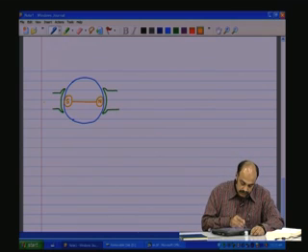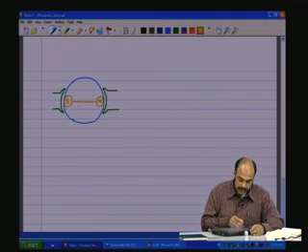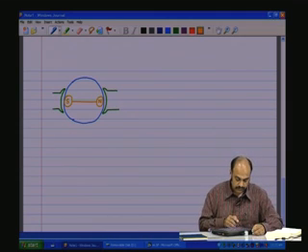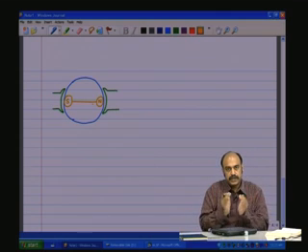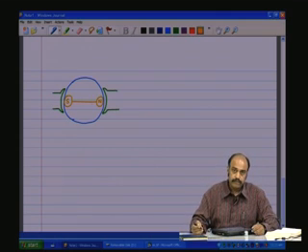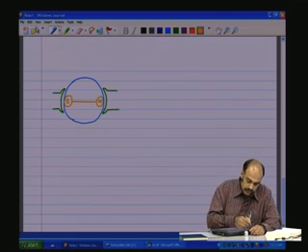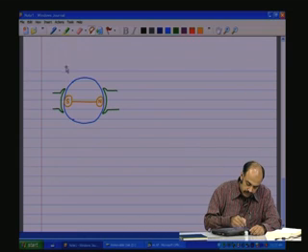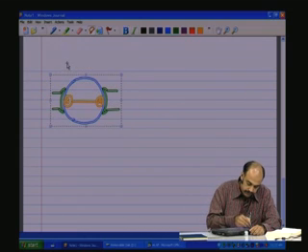As the coils here are fixed, the pole here is fixed, this dumbbell does not rotate, it only shrinks and expands. Let me first make a copy of this because I will be using this later.